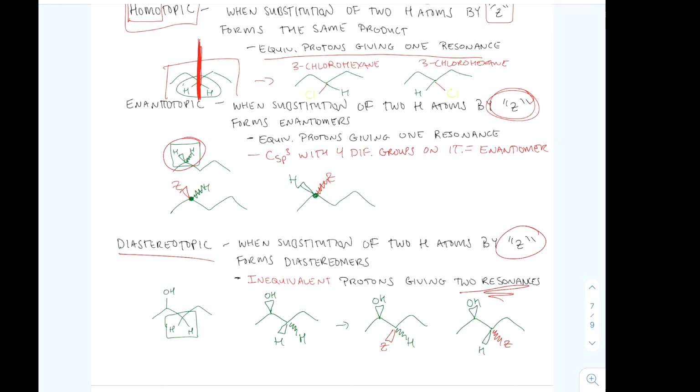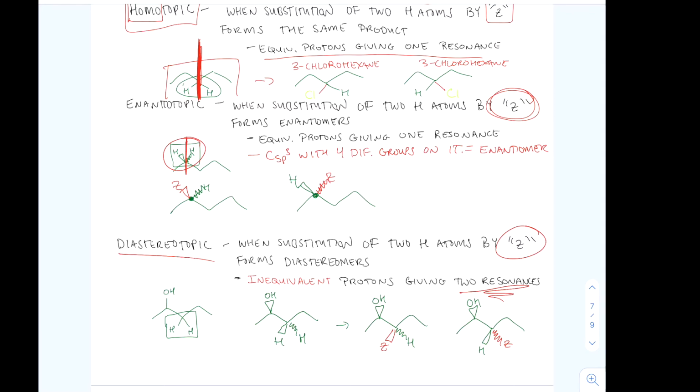So the enantiotopic, that wasn't the case. If we were going to slice this in half, we would get different things on the left and the right. But that means we need to look a little bit further, right? And if we were going to look a little bit further, we would see that we only have one carbon with 4 different groups on it after we substitute for Z.